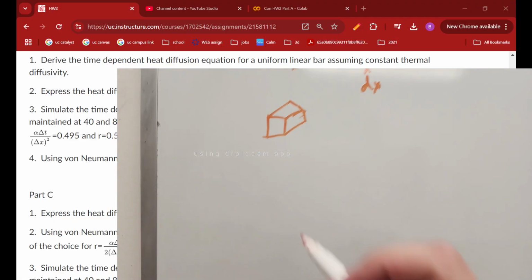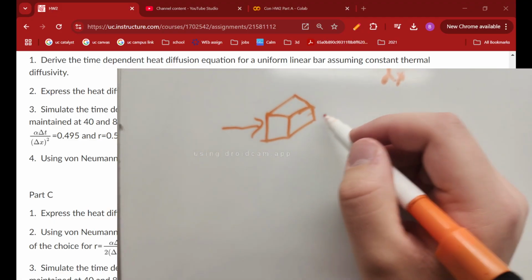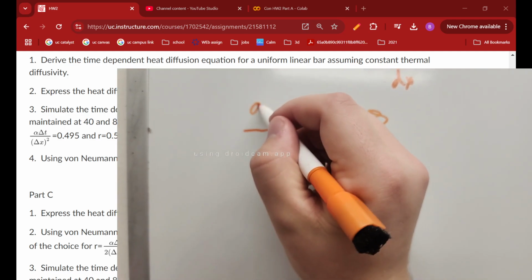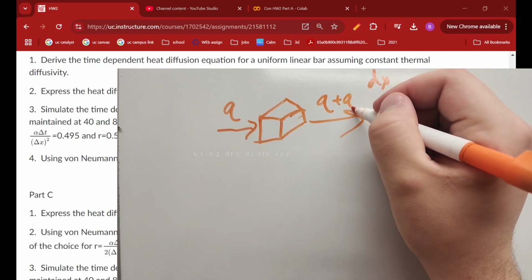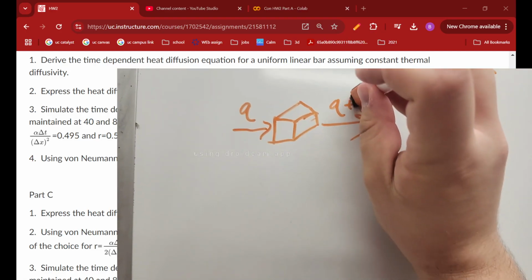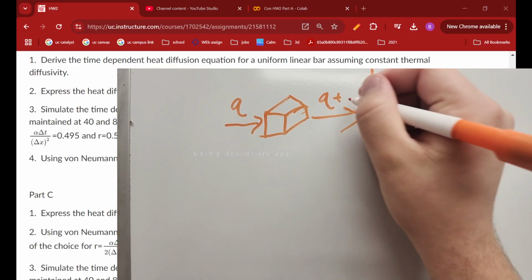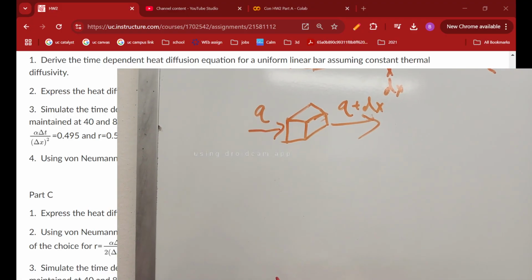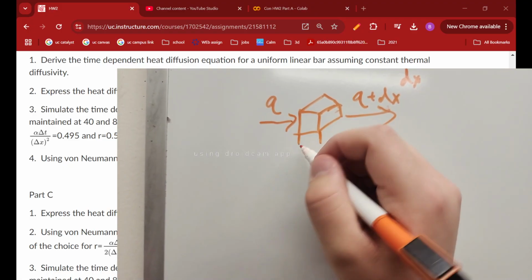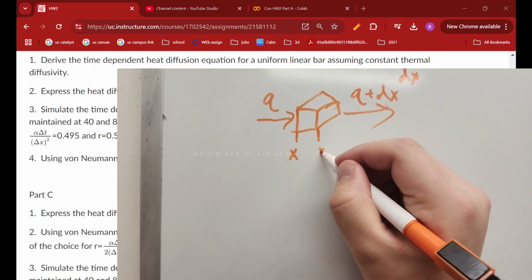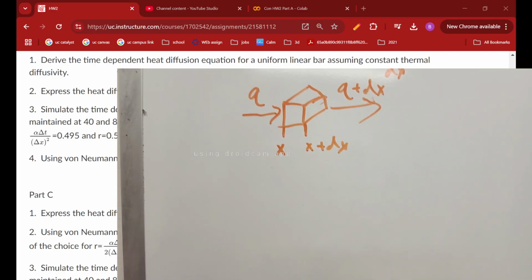Which, as we're going through, would be Q plus Q plus dx, if I remember correctly. And then we can look at from point A to point B of this section as x and x plus dx.